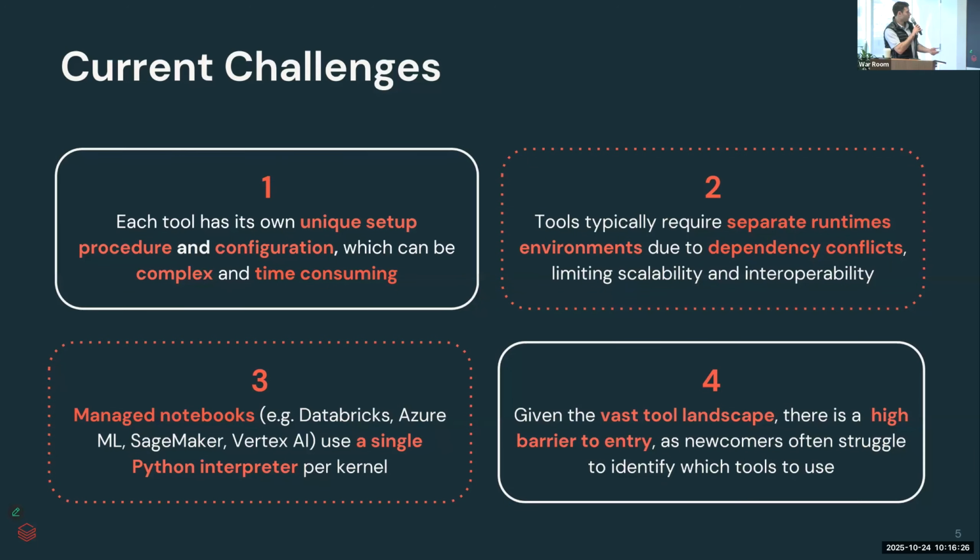Particularly for Databricks, where we use managed notebooks, this only uses a single Python interpreter per kernel. Given that there are dependency conflicts between these tools, if we want to import multiple tools in the same notebook, we need a way to be able to do that. And the last point would be that there's a high barrier to entry. There are many different tools, and it's not always clear which tool to use for which use case.